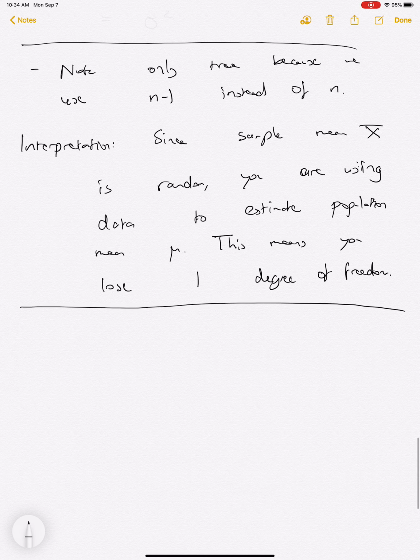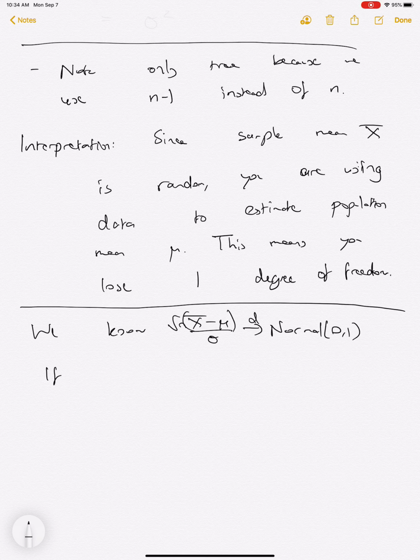And this is important because we have that, but the question is that if sigma is unknown, which is often the case in practice, you don't know the population variability typically, then you can also say that that's going to converge to normal 0, 1.